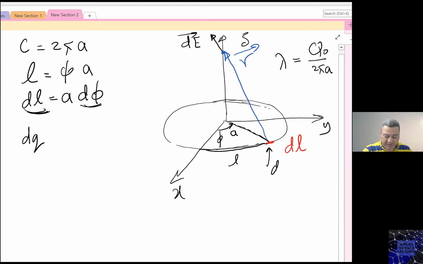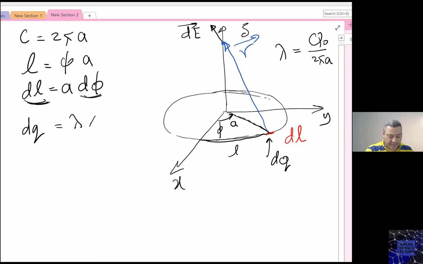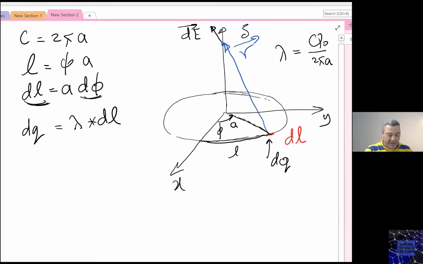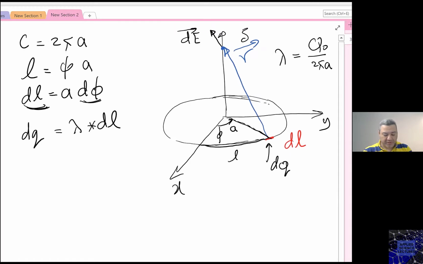So dq sitting on this little dl equals what? Equals the density times this dl, because at the end, this density is Coulomb per meter.